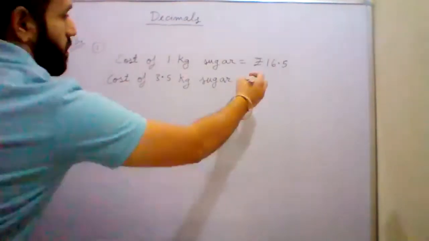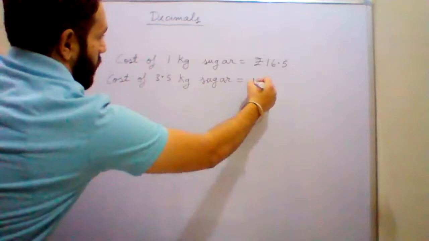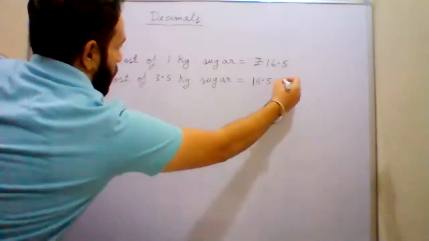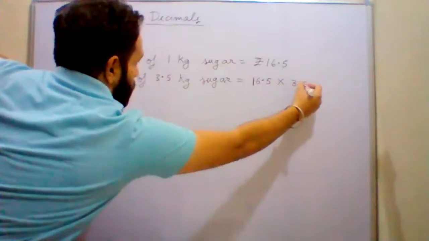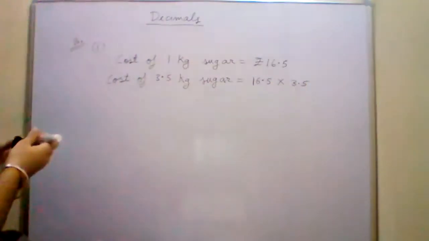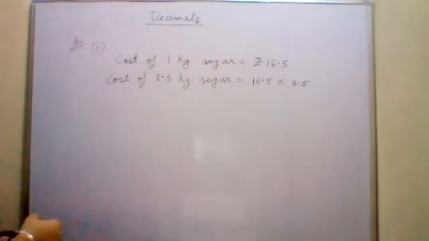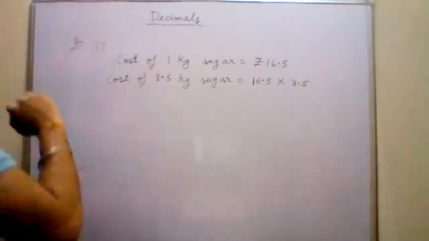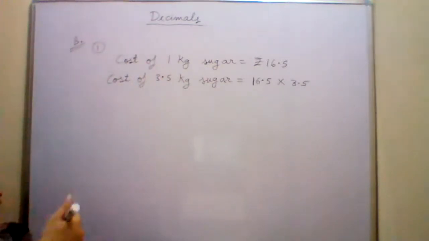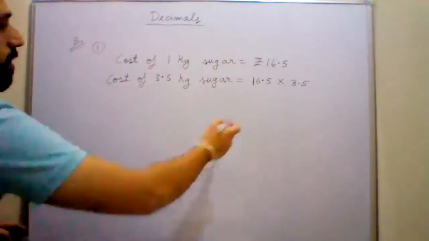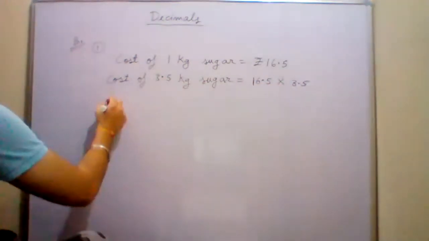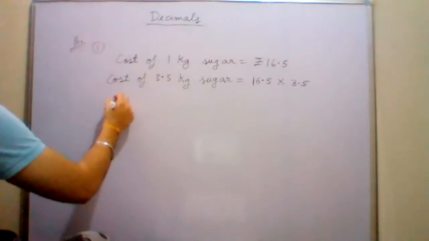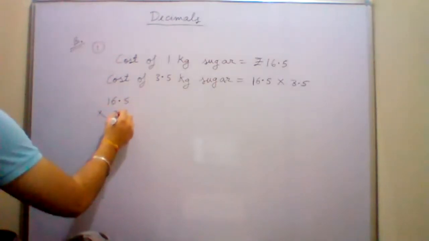We should multiply to find the cost of 3.5 kg sugar: 16.5 multiplied by 3.5. Similar type of questions you have done in the chapter multiplication and also in the unitary method. The only difference is that now you have to multiply decimal numbers, and you know how to multiply decimal numbers. 16.5 multiplied by 3.5.